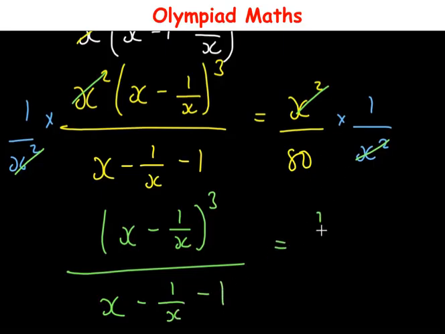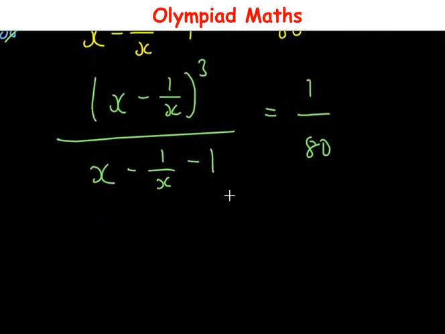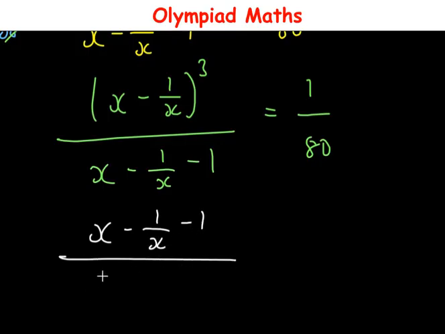This equals 1 over 80. Now if we look for the inverse of this 1 over 80, we flip the left-hand side upside down. So what we have is (x − 1/x − 1) over (x − 1/x)³, and this equals 80.